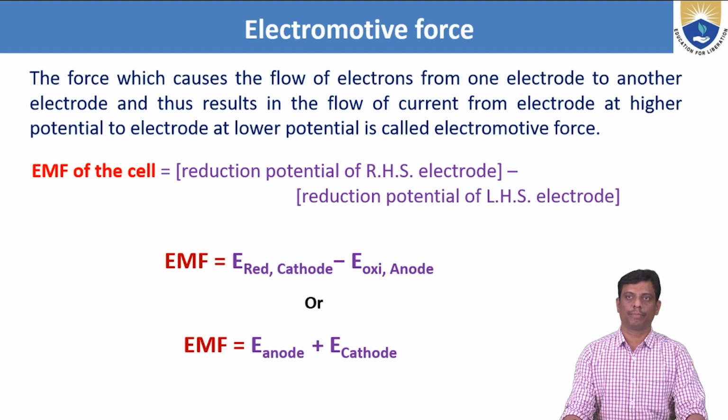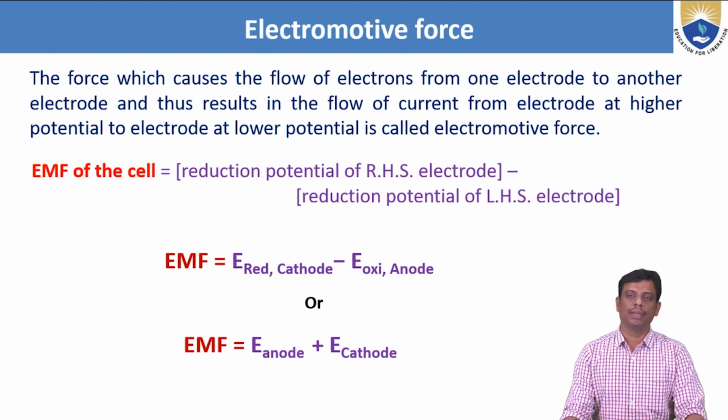Electromotive force. Electromotive force is nothing but the flow of electrons from one electrode to another electrode, and as a result of this flow of electrons, the current flows from higher potential to lower potential.